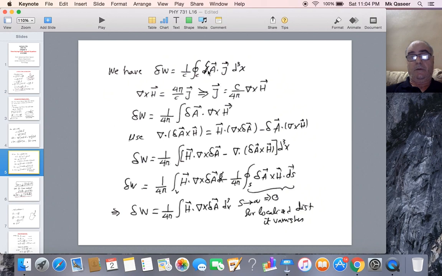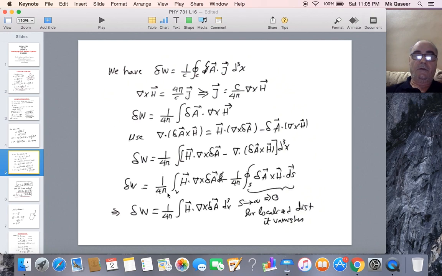which is written in terms of the magnetic vector potential and the current density J. But we know that J is c over 4 pi curl H. We substitute instead of J, and we get this form for delta W. Now using this identity, we can convert this into a surface and a volume integral. The surface integral, when we use the divergence theorem for this part, and the integration over a localized distribution, or taking S to infinity, gives us 0.